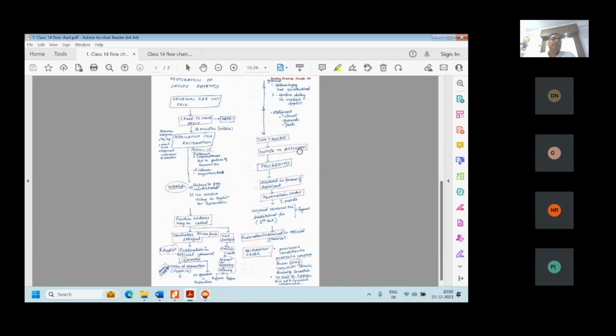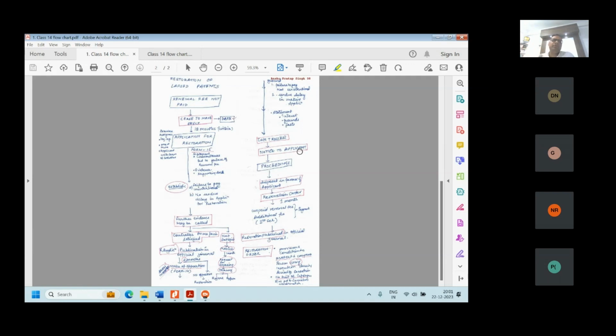The patentee or assignee, their legal representative, or one or more applicants with leave of the controller. So these people who have an interest can apply for the restoration of the patent.